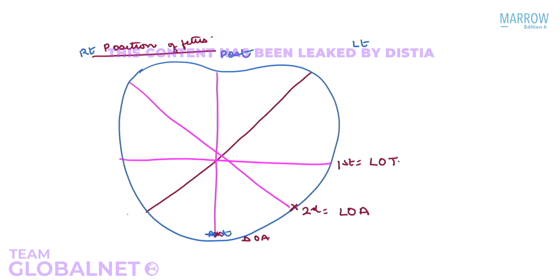If occiput is coming here, this is the fourth position and that is right occipito-anterior position. Then you have the right occipito-transverse position, right occipito-posterior position, direct occipito-posterior position and left occipito-posterior position, which is the 8th position, and that's the rarest position to occur, right?